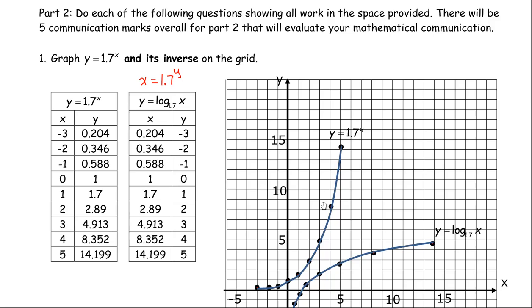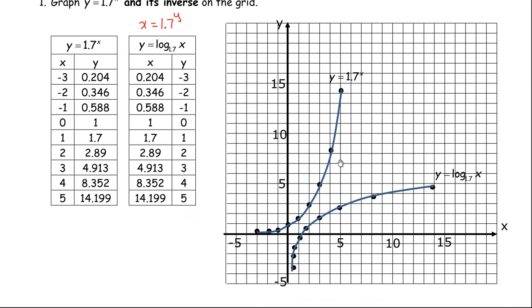I'm just plotting those ordered pairs, and then I plotted these for the inverse. That's what the inverse would look like. So that's the logarithmic function, that's the exponential function. And again, similar to the multiple choice in the first part, you can see the logarithmic function has a vertical asymptote, the exponential function would have a horizontal one.